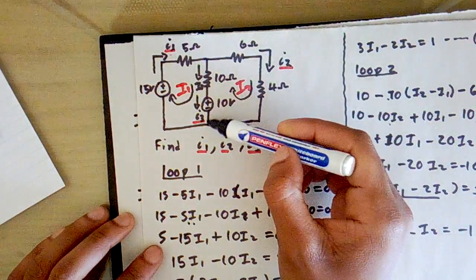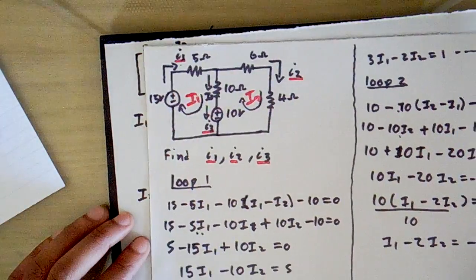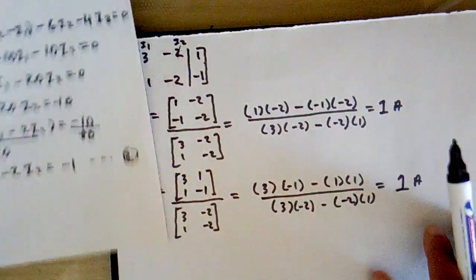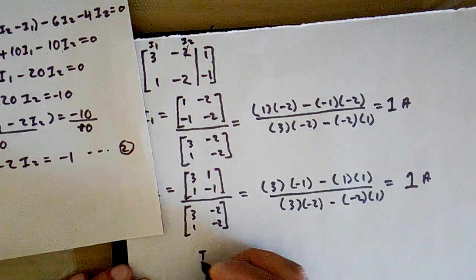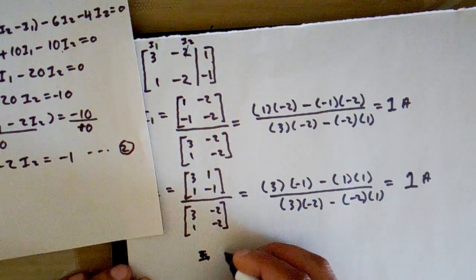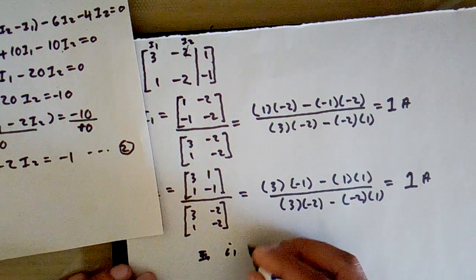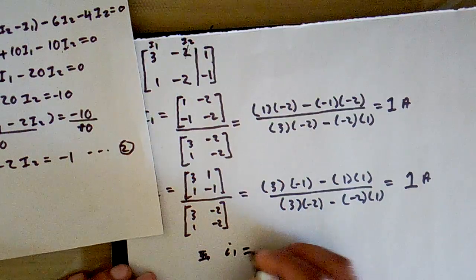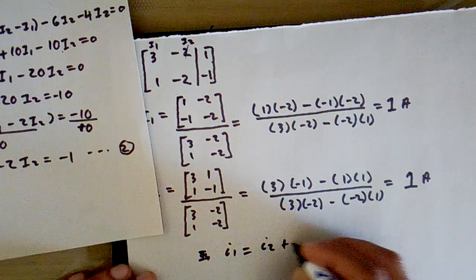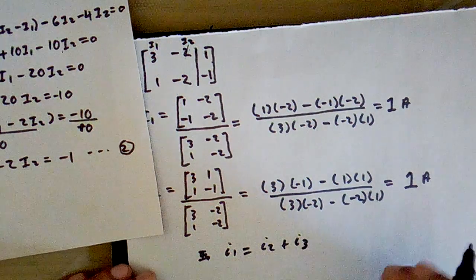As we check, our question says we should find I1, I2, and I3 here. So therefore, you can just form the equation that says I1 equals I2 plus I3.